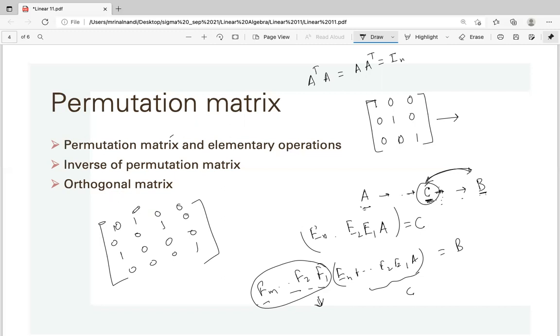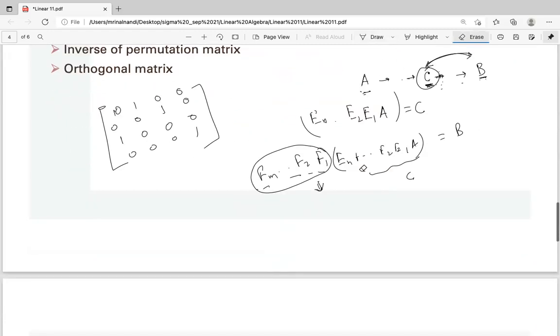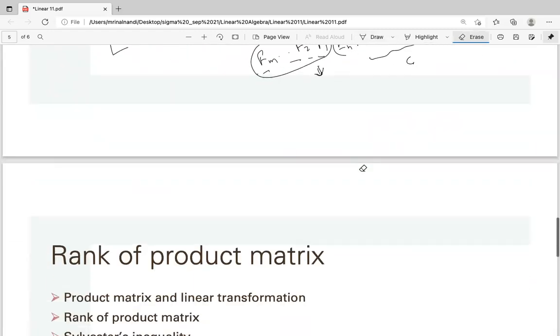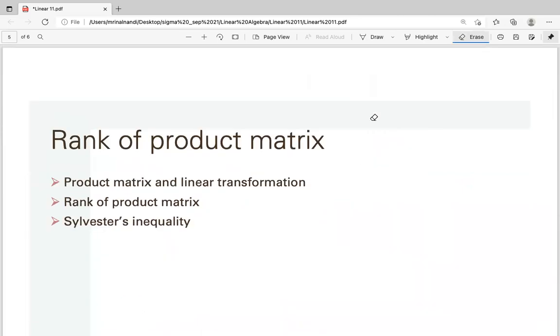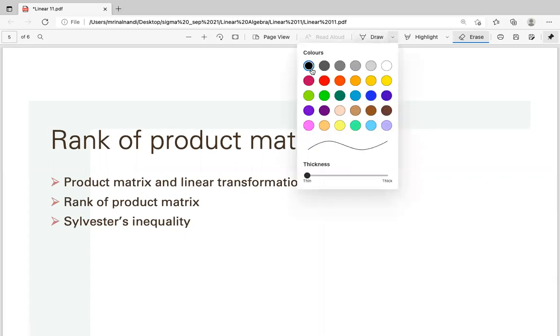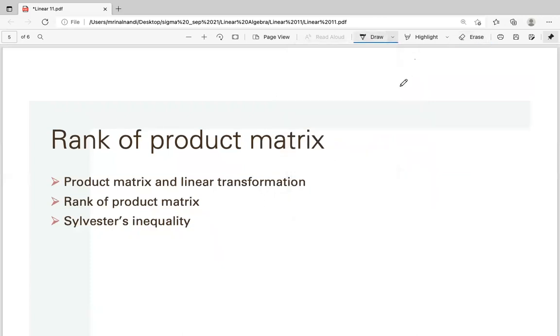We will take care of orthogonal matrices when we talk about the non-linear space. We know that an orthogonal matrix satisfies A transpose A equal to A A transpose equal to identity. In that case, an orthogonal matrix can be written as a product of elementary matrices of a special type.